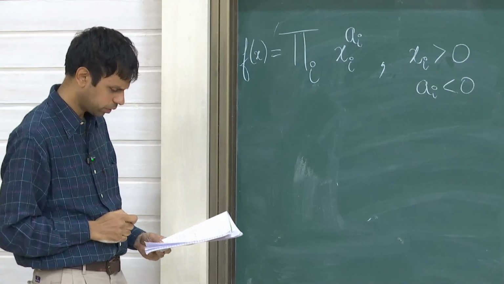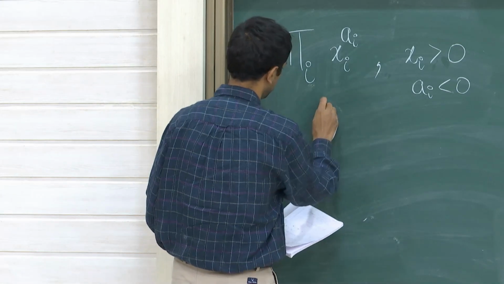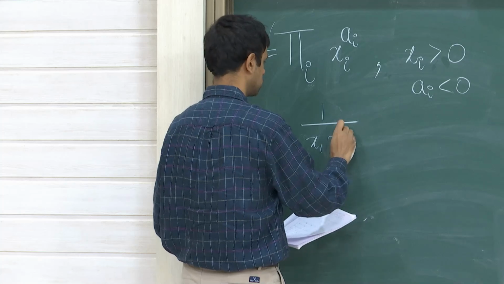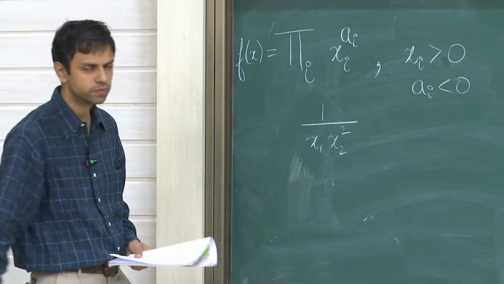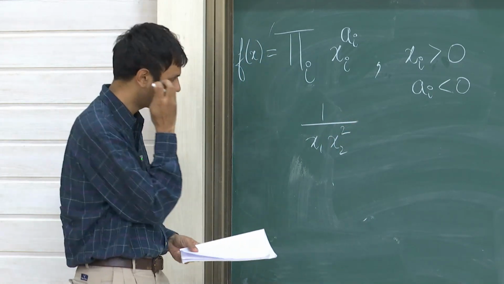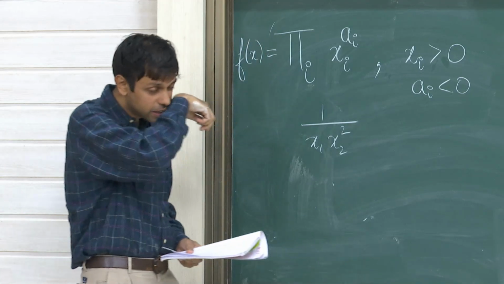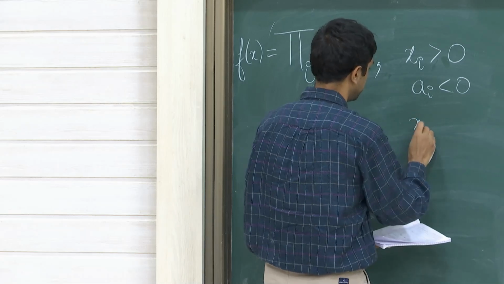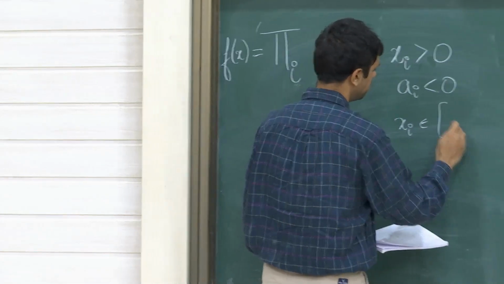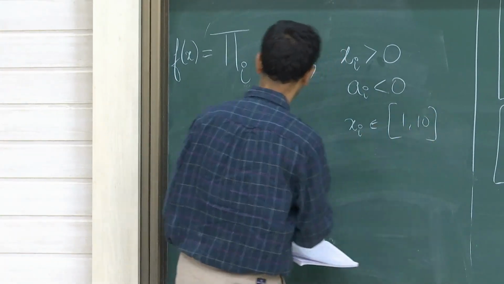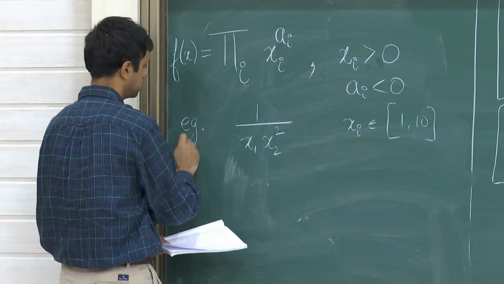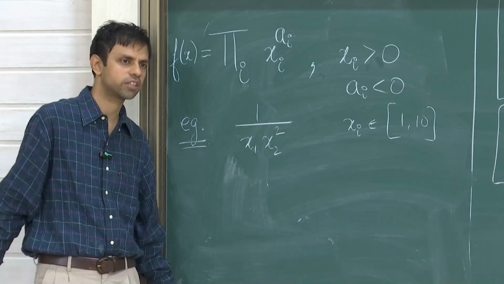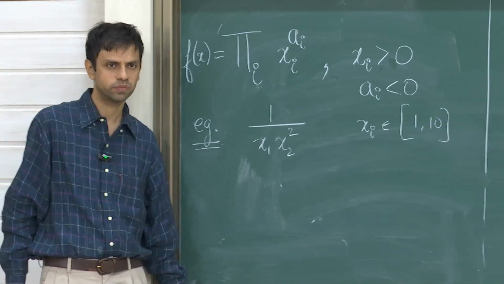For example, 1 upon x1 x2 squared. Of course, the domain is important. This function is not convex everywhere, but if you say that xi is, for example, between 1 and 10, then this is a convex function.